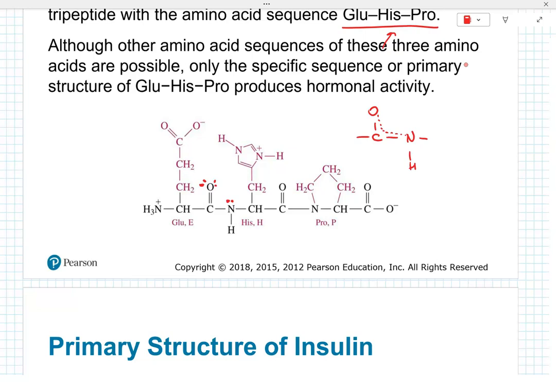Which means this bond is a little bit double, which means the rotation is severely limited, which means there is a limited number of structures that a polypeptide can fold into.